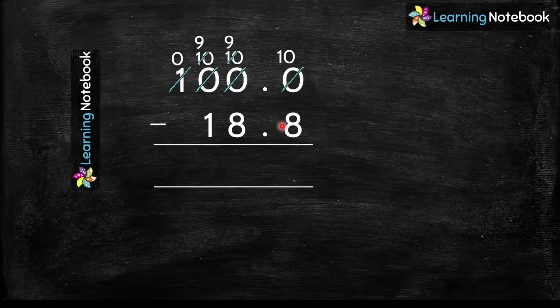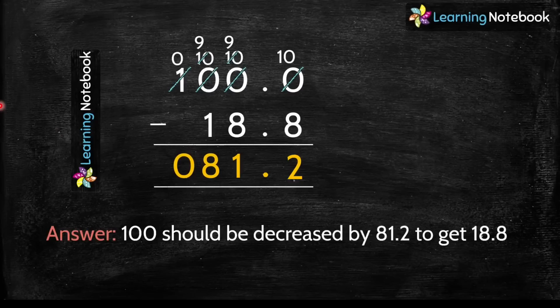So 10 minus 8 equals 2. Then we will put a decimal point and next we will subtract the whole number part. 9 minus 8 equals 1 and 9 minus 1 equals 8. So answer is 81.2. We will write the answer statement. 100 should be decreased by 81.2 to get 18.8.